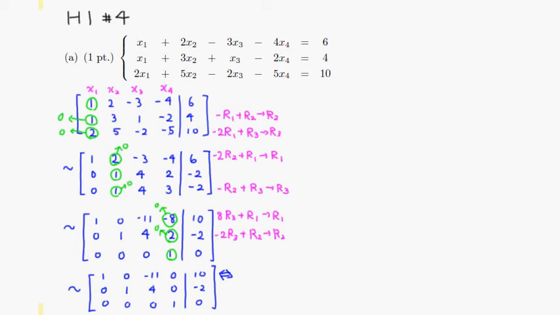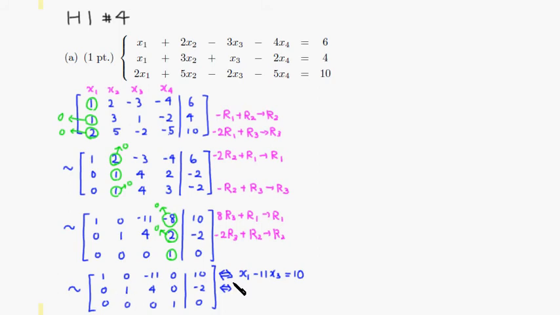If you translate that into an equation, it says 1x1, there's no x2, and negative 11x3 is equal to 10.